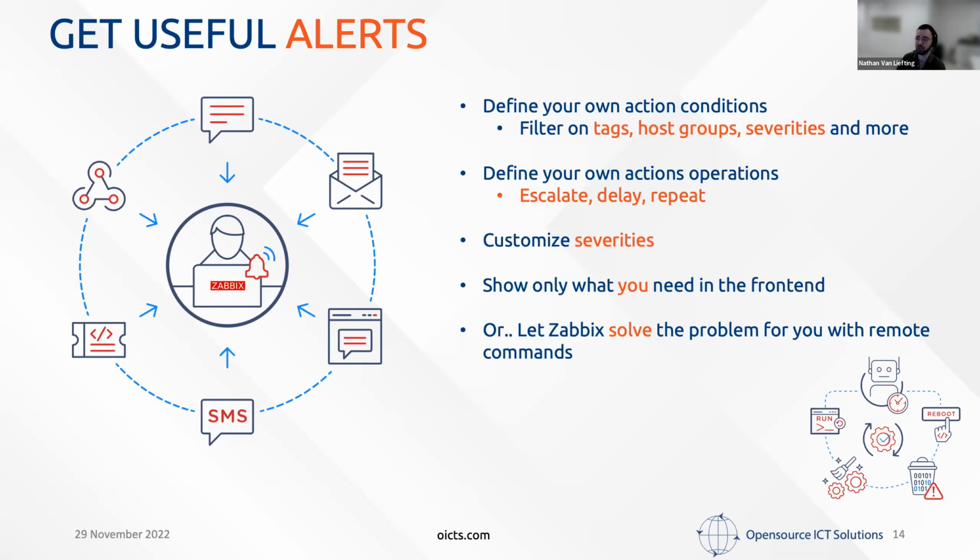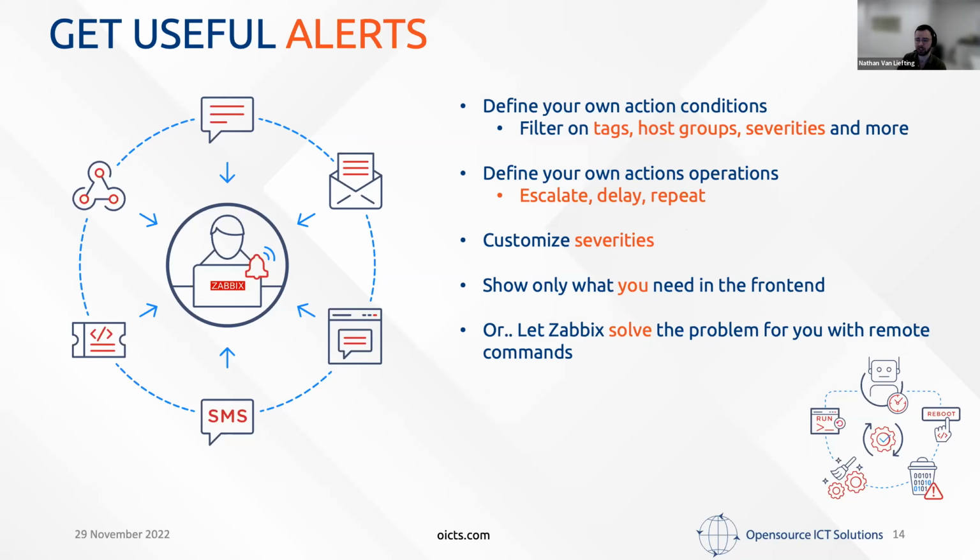We can make sure that we only show the right problems in the front end, or we can even utilize our Zabbix environment to solve the issue for us. Let's say you have a problem is detected, your Apache server is down, your web server is no longer up and running.